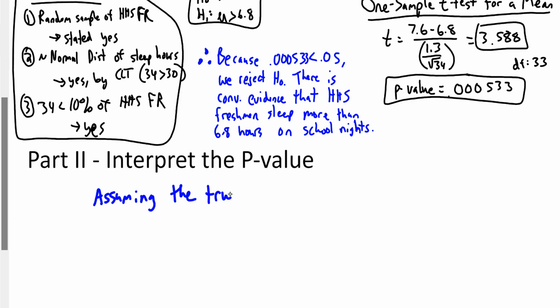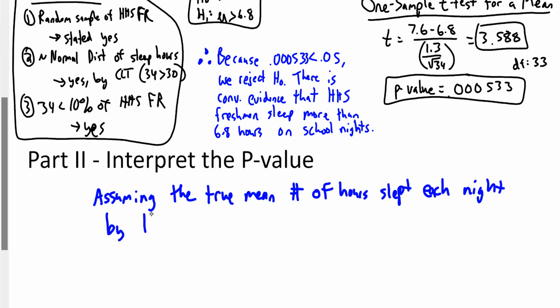the true mean number of hours slept each night by high school freshmen. Well, I'm going to say high school freshmen in general. That's kind of what we're given, but we're assuming it based off of ours.